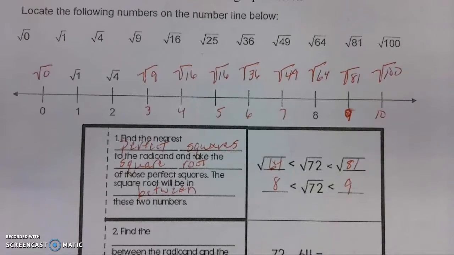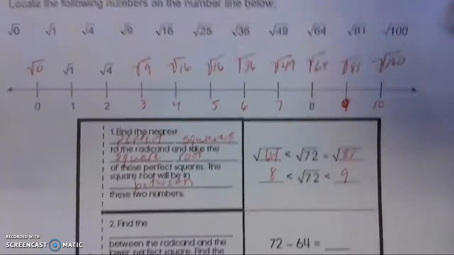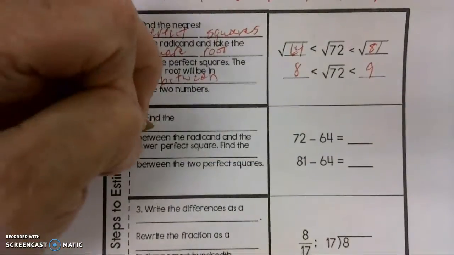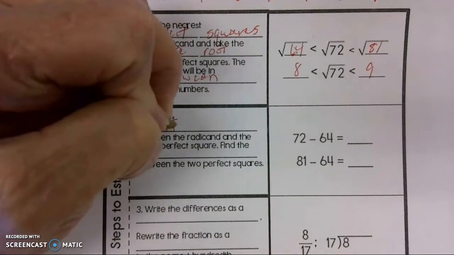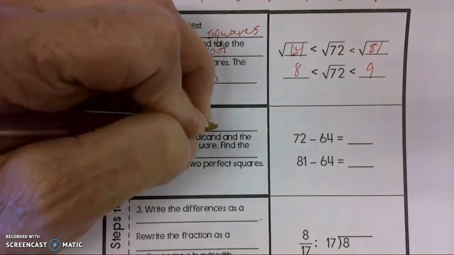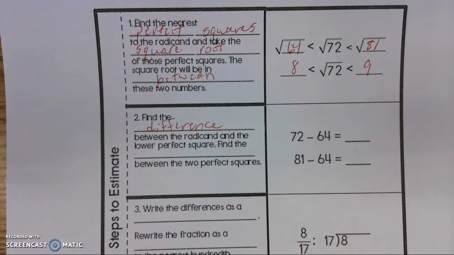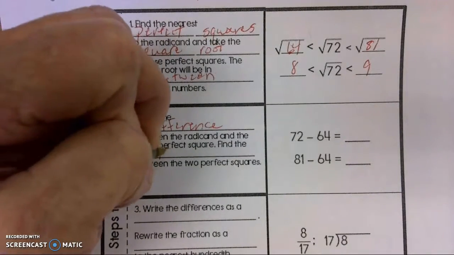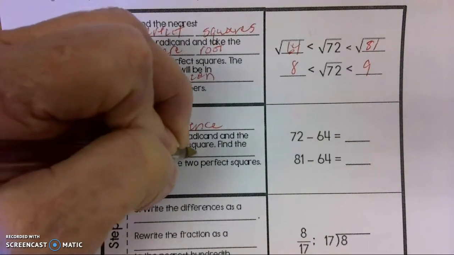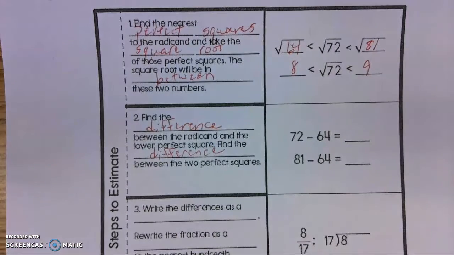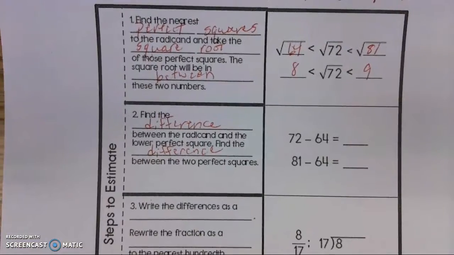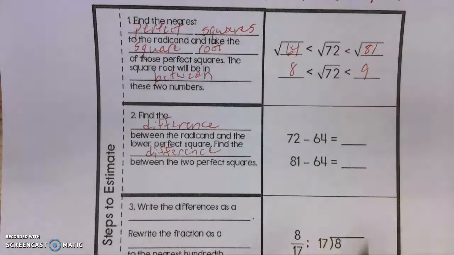That's step 1. Okay, step 2, you're going to find the difference, so I'm going to be subtracting, between the radicand and the lower perfect square, and then I'm going to find the difference, so again I'm going to subtract, between the two perfect squares. Now, that sounds confusing, but just kind of listen and look.